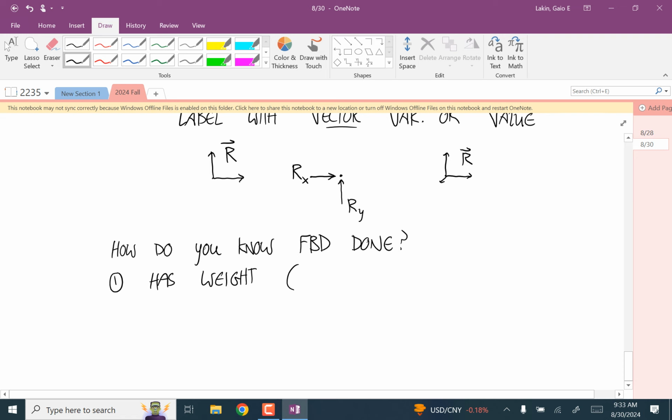In this class, I don't think any of my problems have field forces other than weight. But that would be like a magnetic material in a magnetic field, or a charged material in an electric field or something. Because weight is dependent on gravity, does that mean gravity is considered a field force? Yes.